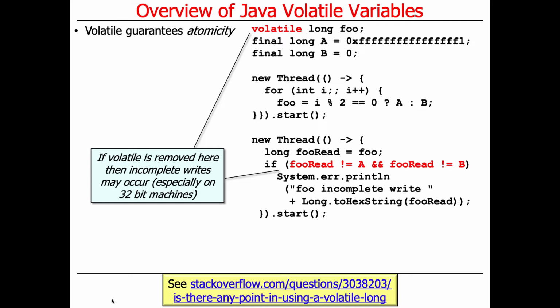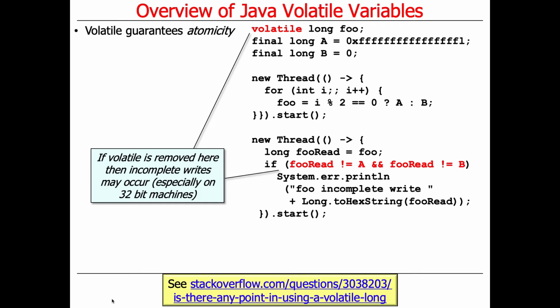It'll always be either A or B. But if you don't put volatile here, if you take volatile off as a type qualifier, then it could very well be the case that the value of foo is some intermediate value that's somewhere between A and B, because that requires two operations to read and write the values. So writing the values up here and reading the values down here. You could end up with sort of inconsistent results, which will be a problem.